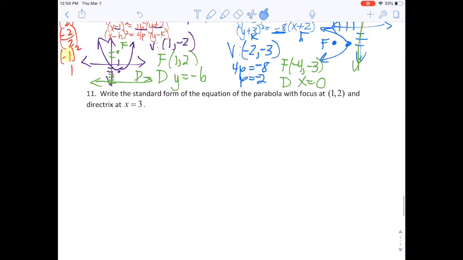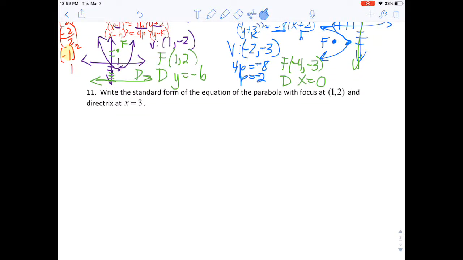All right, standard form of the equation of the parabola with a focus at 1, 2, and directrix at x equals 3. All right, so make a sketch. Focus is at 1, 2. There's the focus. Directrix is at x equals 3, so I know that that is a vertical line going through 3.